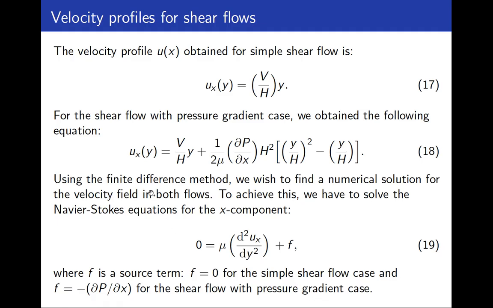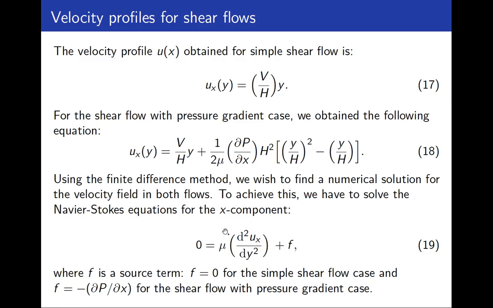Now, using the finite difference method, we wish to find a numerical solution for the velocity field in both flows. To achieve this, we have to solve the momentum conservation equation only for the x component. From my previous videos, this is the second order differential equation that we solved to obtain these two velocity profiles, but I want to illustrate the finite difference method in these two cases.